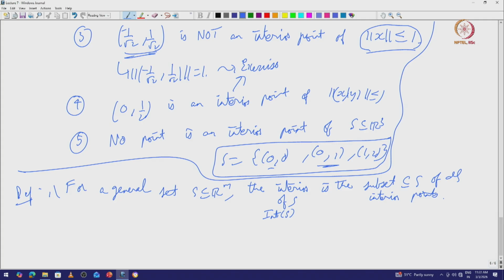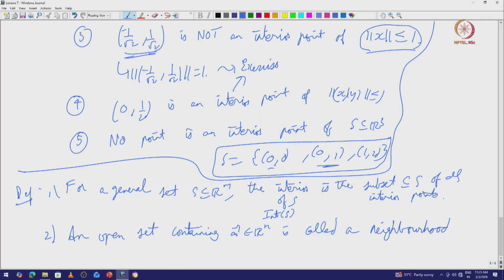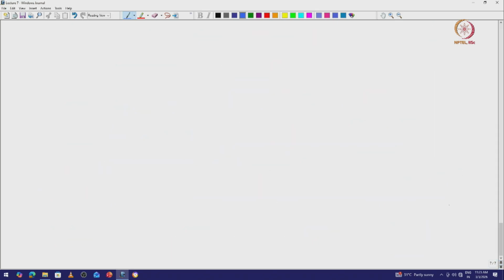The second point is an open set containing a point A in Rm is called a neighbourhood of A. Some books call it an open neighbourhood of A, but we will just call it a neighbourhood of A. So, let us do a couple more examples and non-examples of open sets.